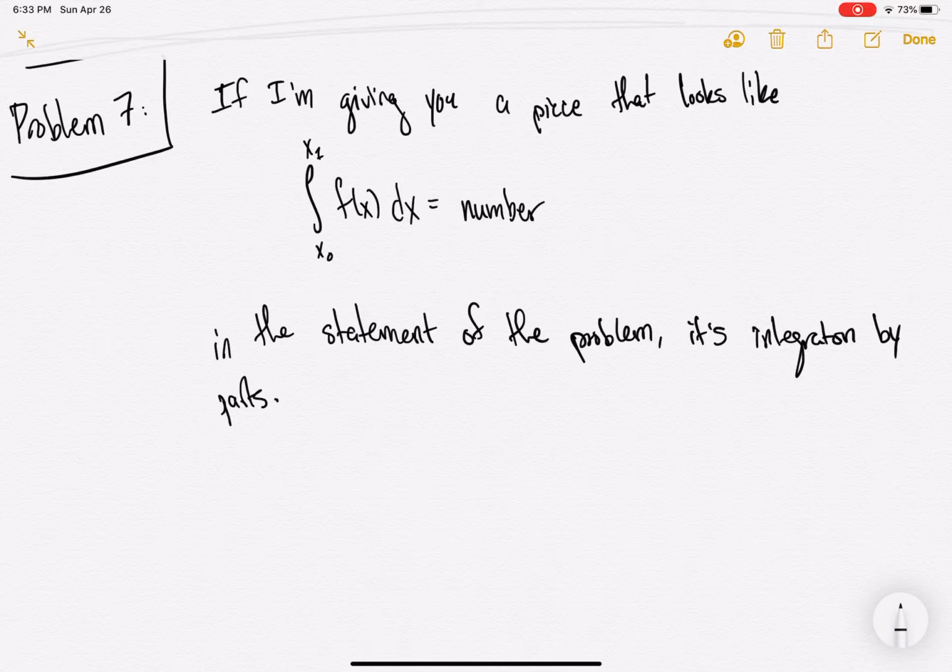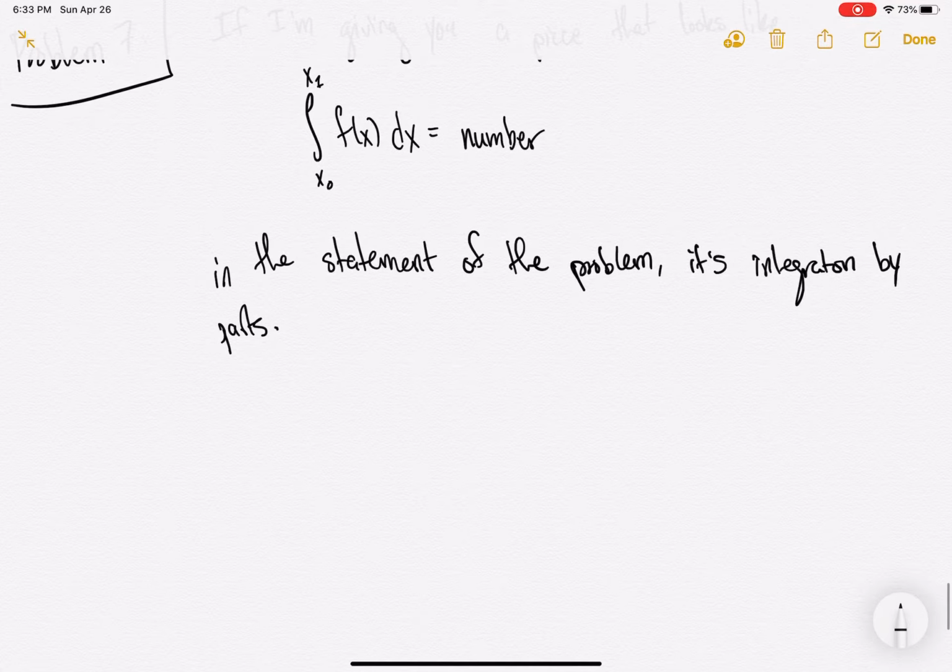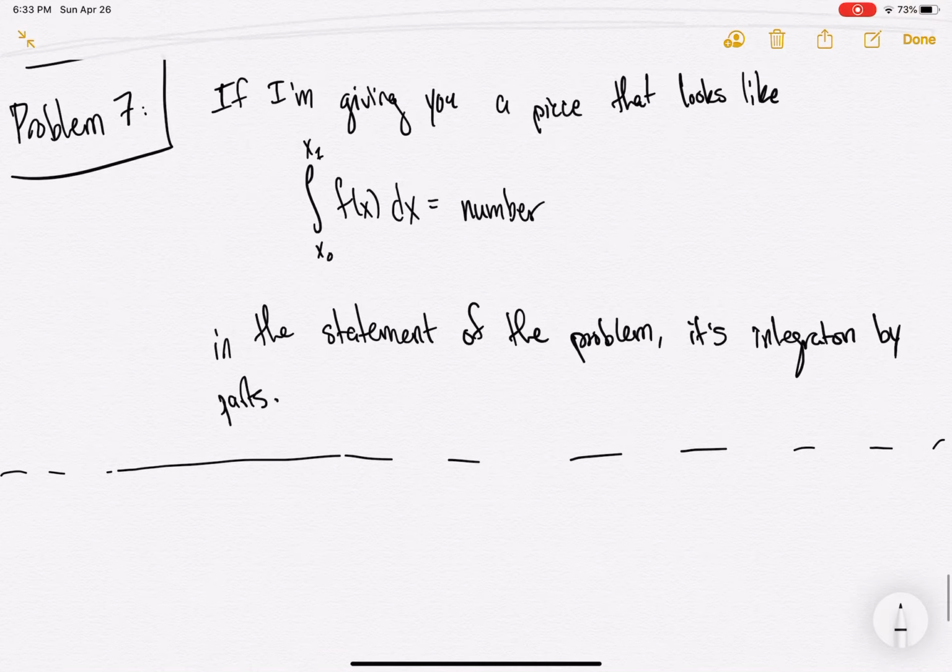Basically because this sort of a piece would show up in an integration by parts problem. So just keep that in mind. If I decide not to give you a piece like that, that would be the case where it's not integration by parts. If I'm giving you a piece like that, use integration by parts.